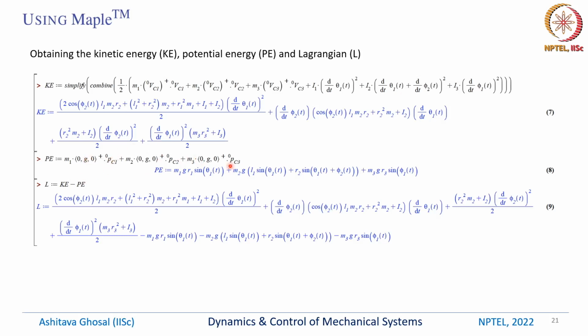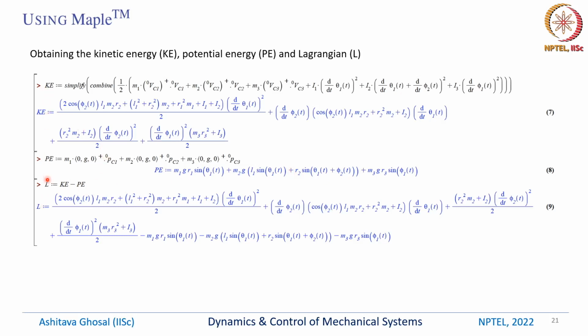Of course, we will have sine and cosine of the angles theta 1, phi 2 and phi 1, and also we have sine of theta 1 and then R2 sine of theta 1 plus phi 2 and so on. The sine component is the height from the zero potential energy surface.